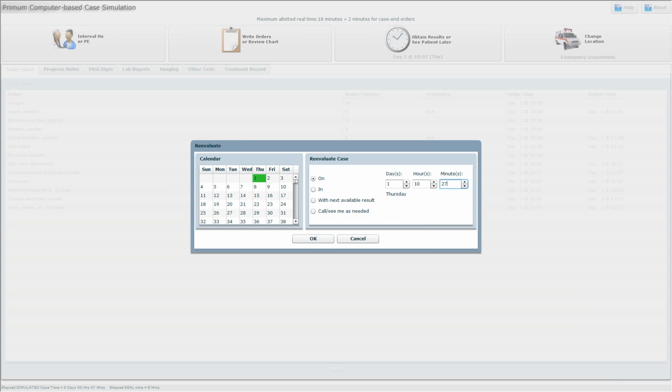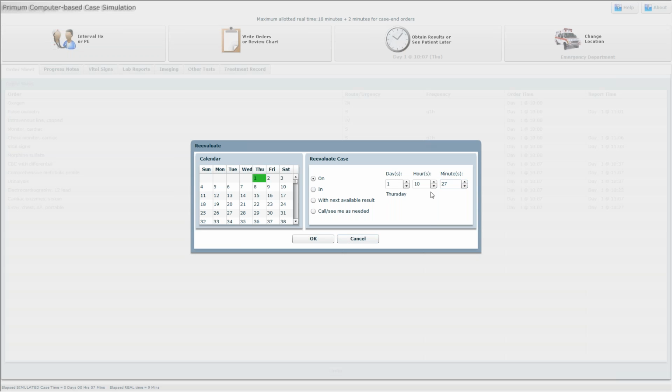Either way, remember, just because you put in an hour later, you're not losing the case. You're not losing your control on the case. Why? Because you always have an option to stop now. If something emergent pops up, the software always gives you an option to stop now. You're not going to jump to 10:27 just because you chose it here.